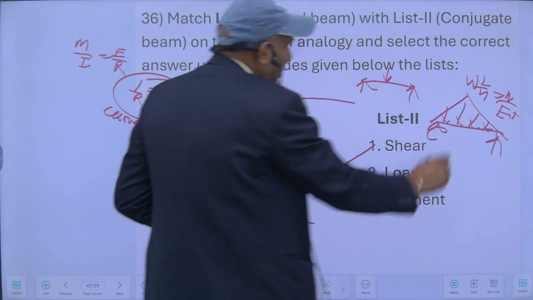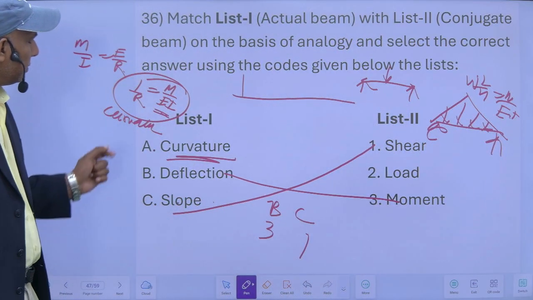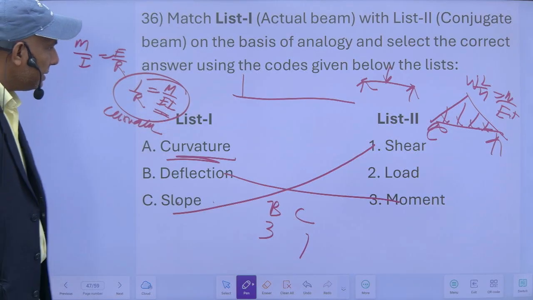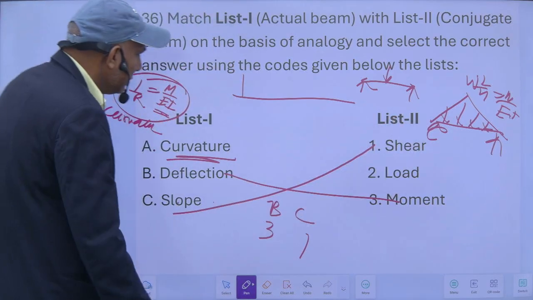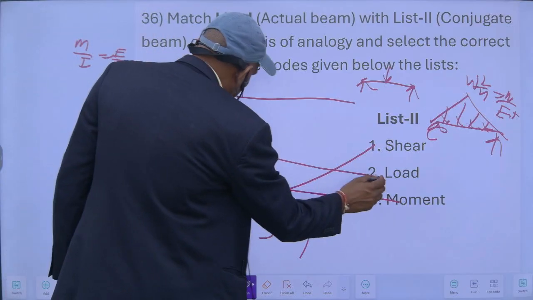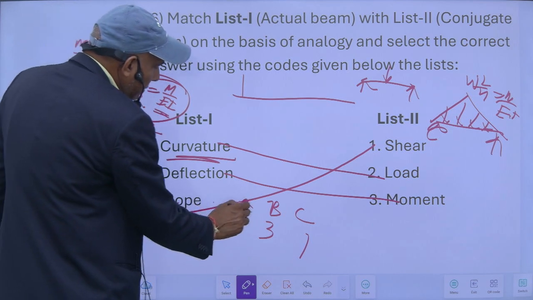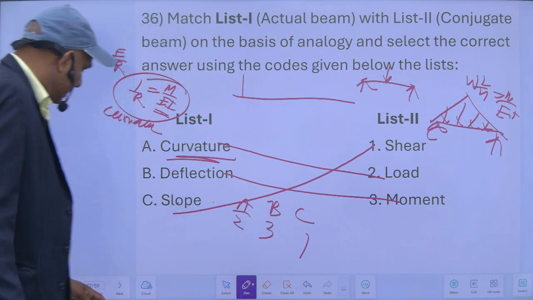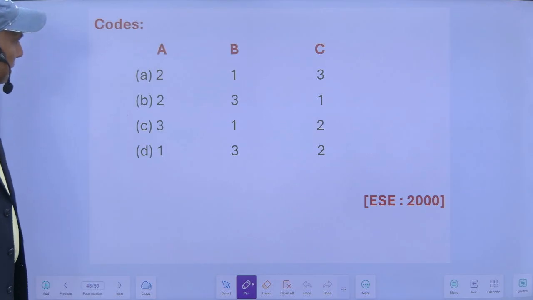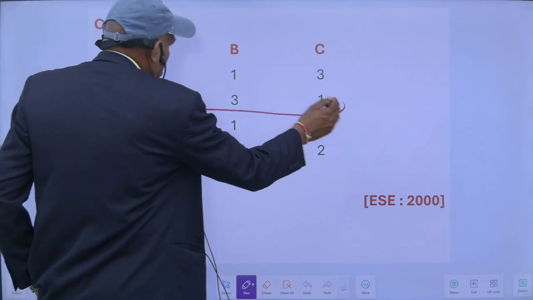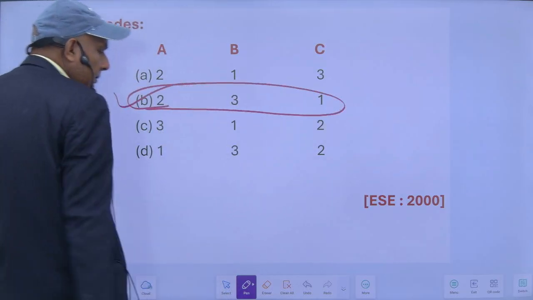So this will give the load of the conjugate beam. So 1 upon R is equal to M upon EI, meaning load of the conjugate beam. So this is A2. A2, B3 and C1. This is the right option.